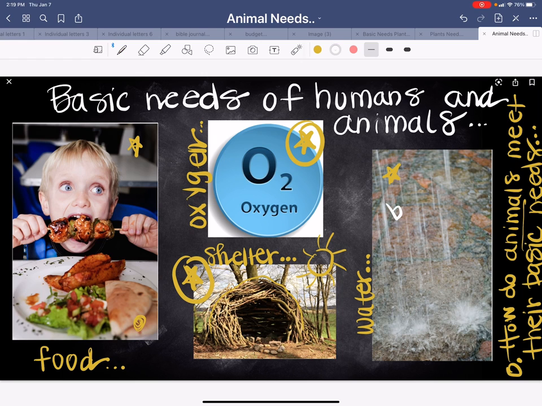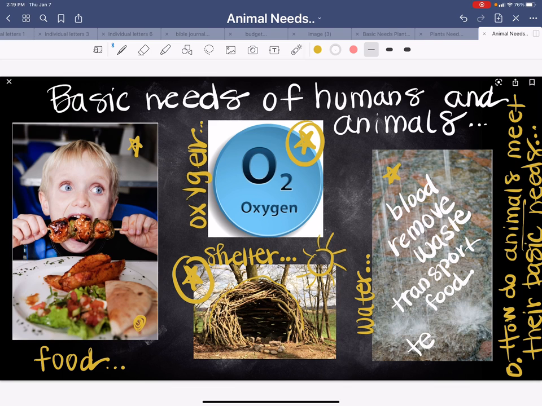We need water for blood circulation. We need water to remove waste. If you think about that, you can figure out what that is. We need water to transport food. And we need water to help us maintain our body temperature.